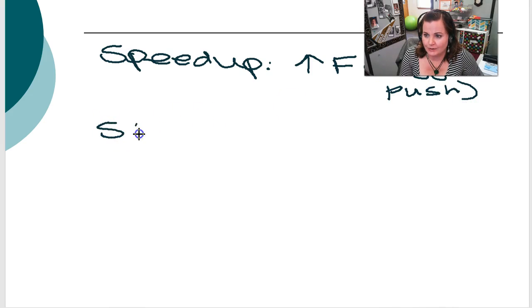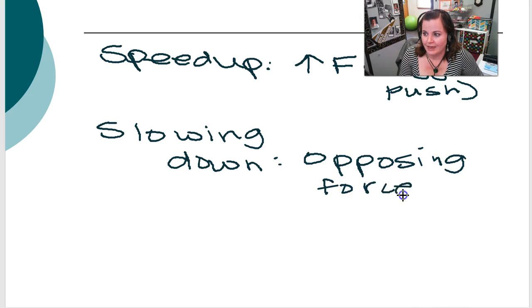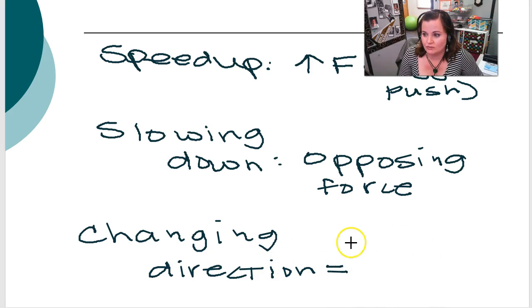If I'm slowing down, I have to have an opposing force, like your brakes. And if I'm changing direction, I have to have some sort of force that allows me to change direction.